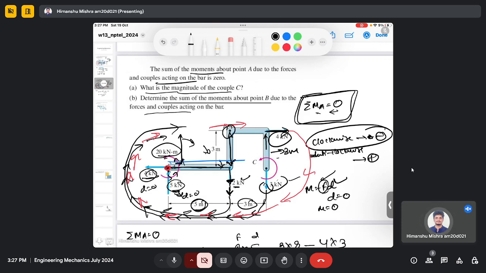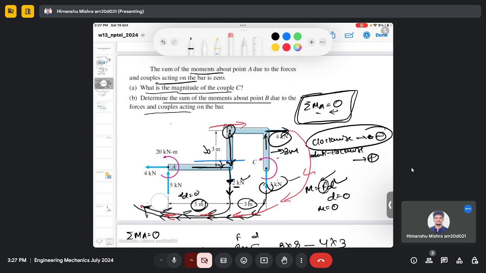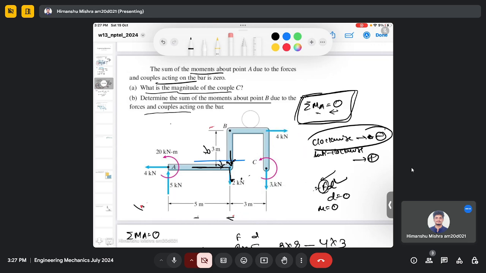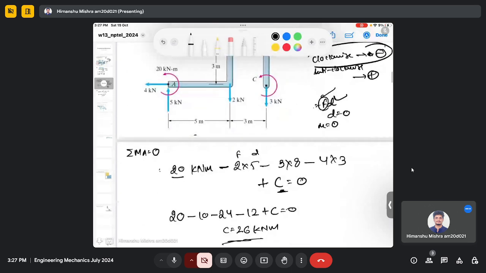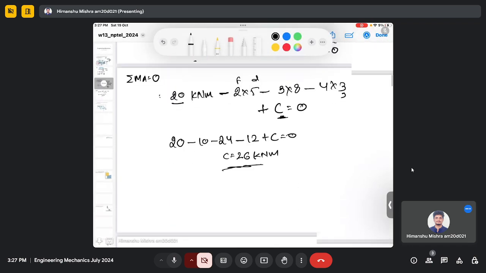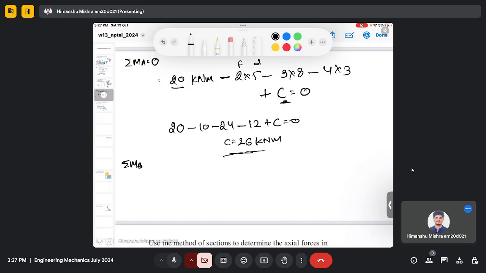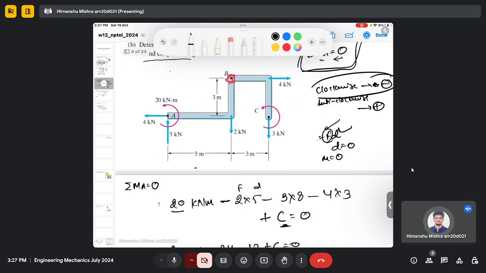So now we need to find the moment at point B. First we can directly consider the contribution of these two moments.